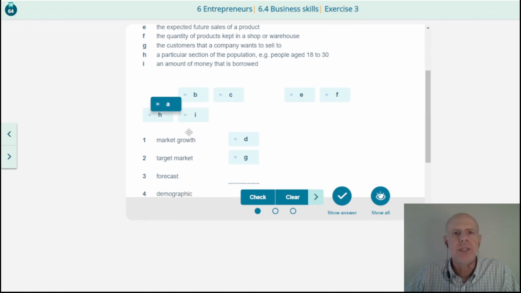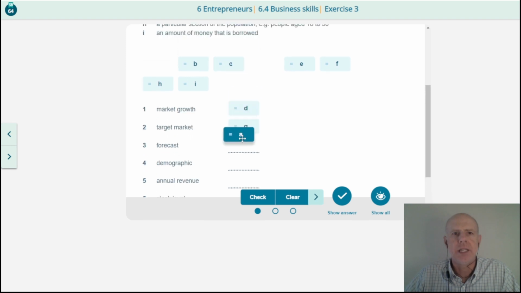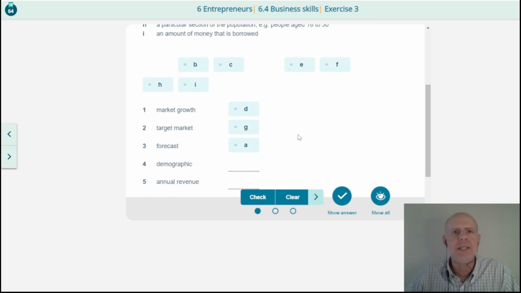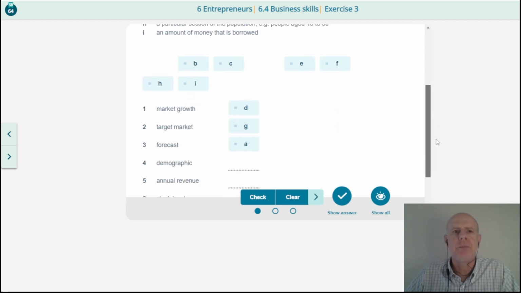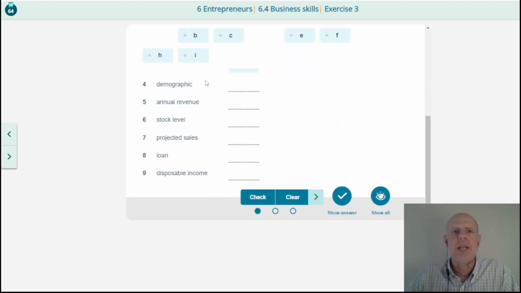So, number 3 is letter A. After that, we have number 4. Number 4 is easy. It's about people, right? Demographic. Population, look, a particular section of the population. For example, people aged 18 to 30. So number 4 is letter H.